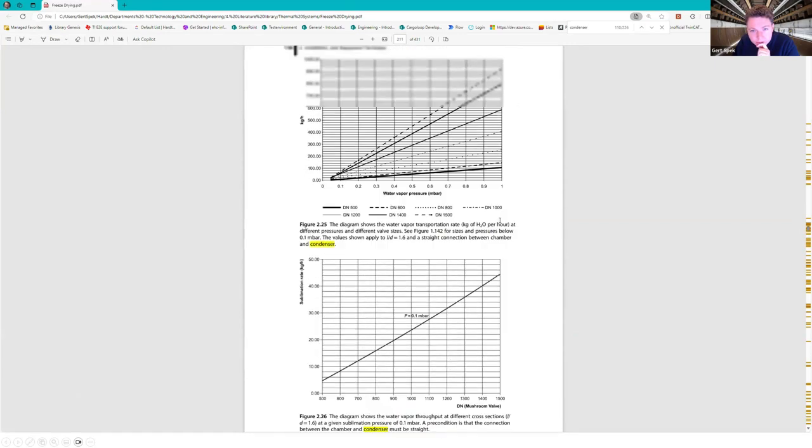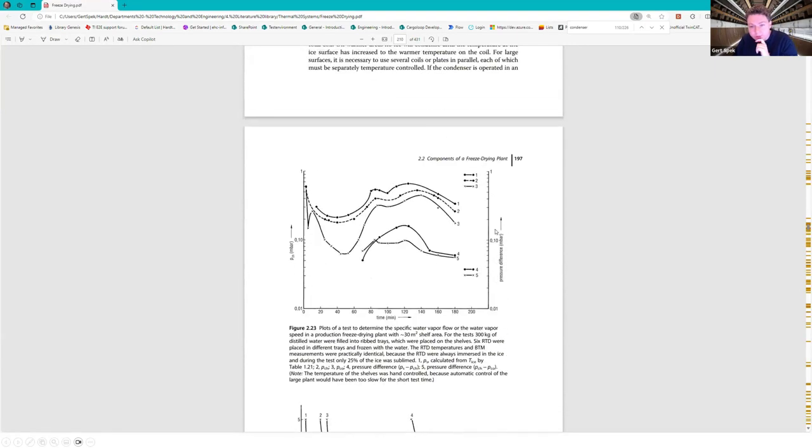I think we are about there. You can see a pilot plant for freeze drying, where they sublimated 25% of 300 kilograms over the course of 3 hours.